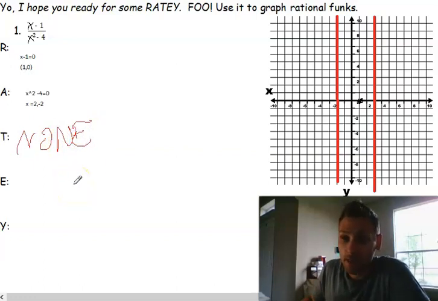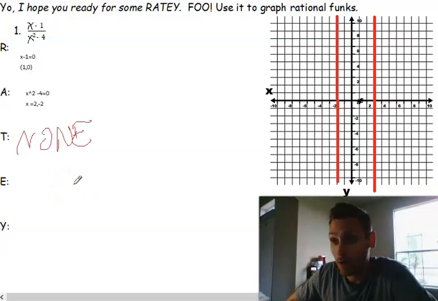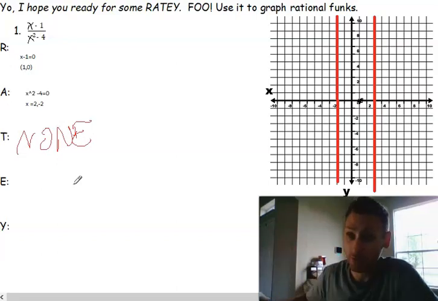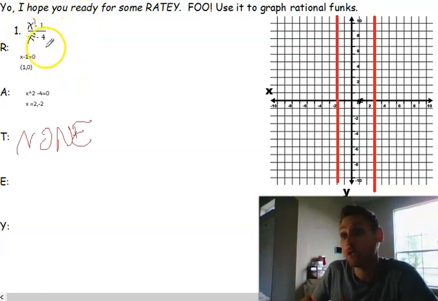E stands for end behavior. Sometimes we'll call them horizontal asymptotes, and I'm putting them in air quotes. And you'll see through some examples why. Now for E, the end behavior, you are comparing the degree of your polynomials. So in the top polynomial, the degree is 1, and in the bottom, the degree is 2. So it's bigger on bottom. Bigger on bottom.